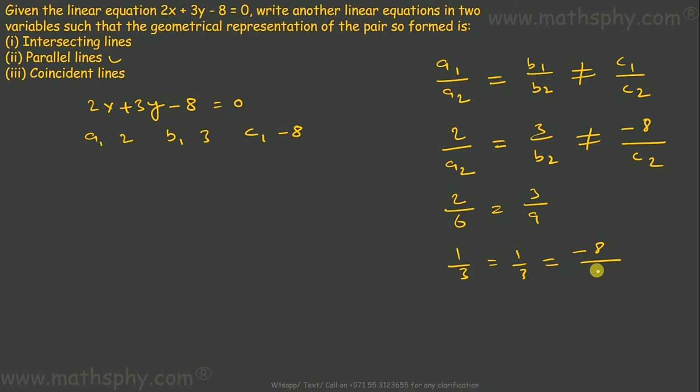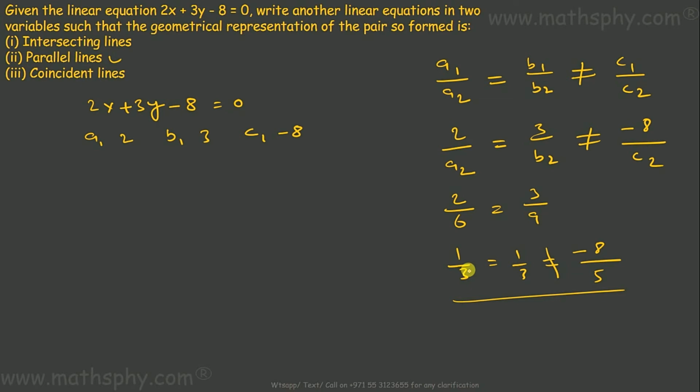If I write c2 as say 5 or 3 or 2 or anything which does not give me 1 over 3, it will not be equal to a1 over a2 and b1 over b2. So this equation here, where a1 over a2 is equal to b1 over b2 but not equal to c1 over c2, will give me parallel lines.